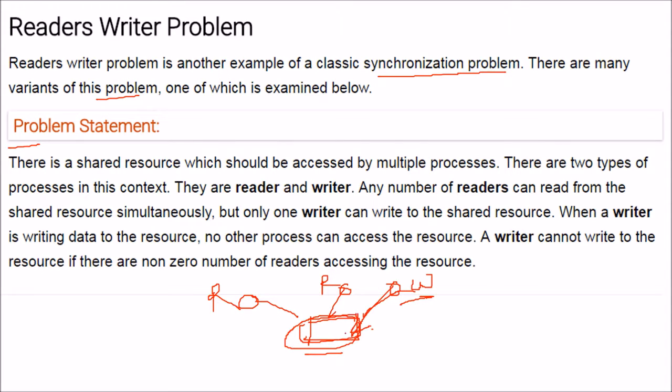A writer cannot write on the resource if a non-zero number of readers are accessing it. If any readers are accessing it, writers should not access it, because the writer may be changing the data and the reader may get inconsistent data.